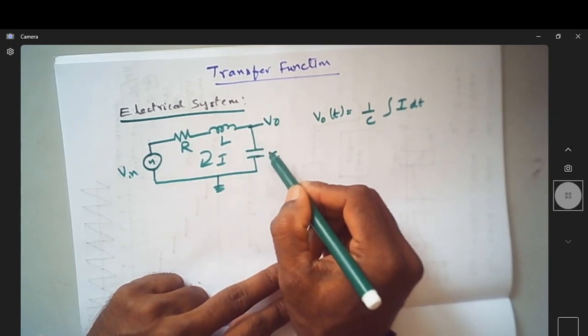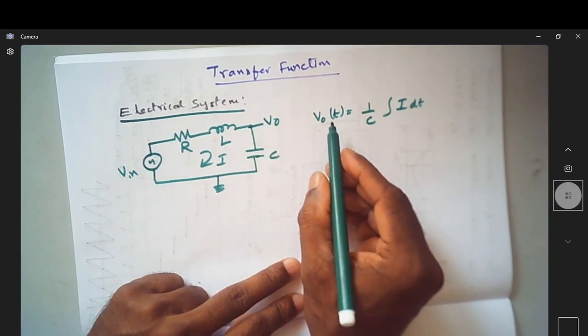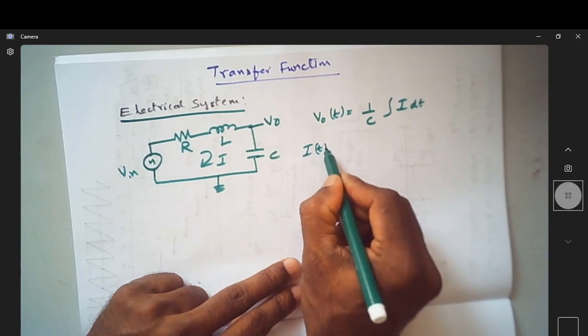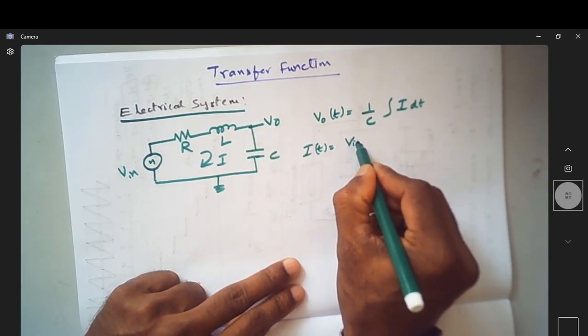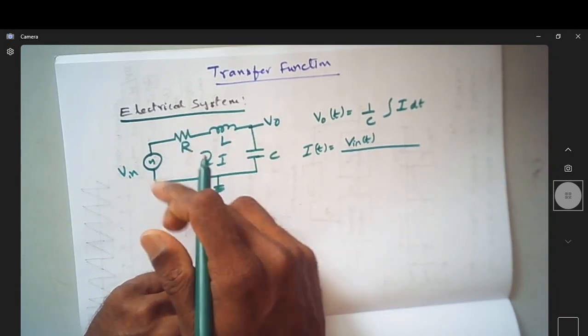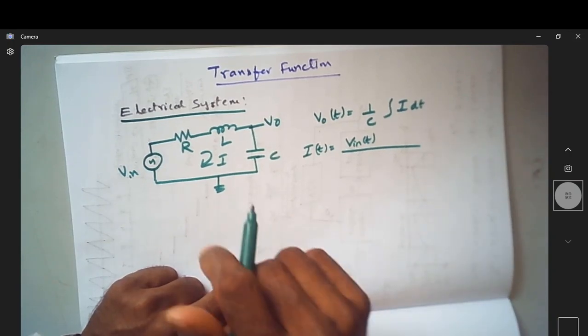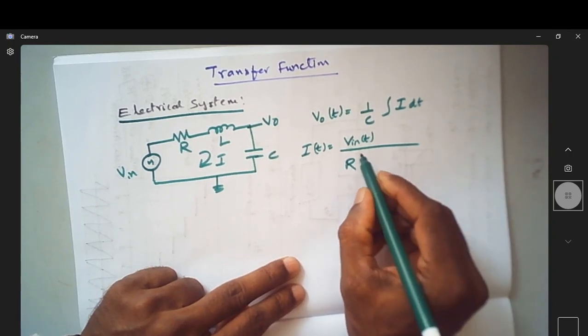The drop across the capacitor is nothing but the output voltage V naught of t. But what is I of t, that is, with respect to time what is I? It is nothing but V in of t divided by the overall resistance. So what is the resistance offered by the resistor? It is R.